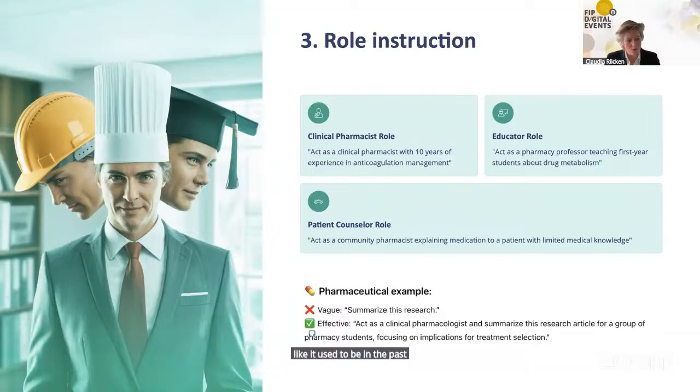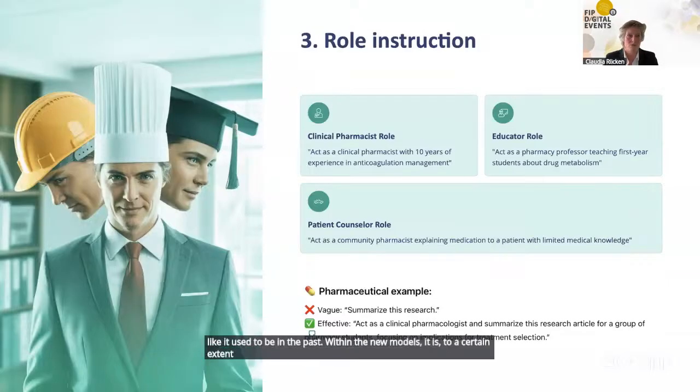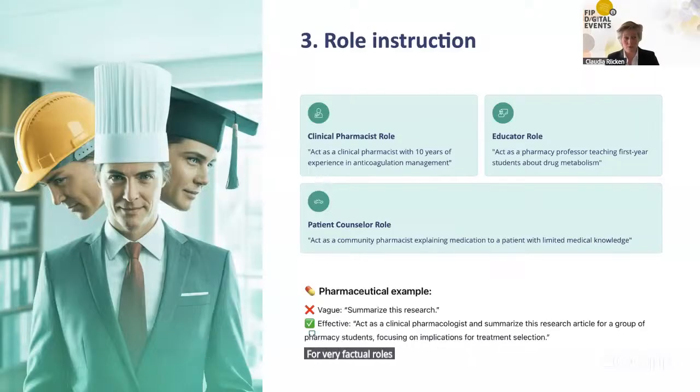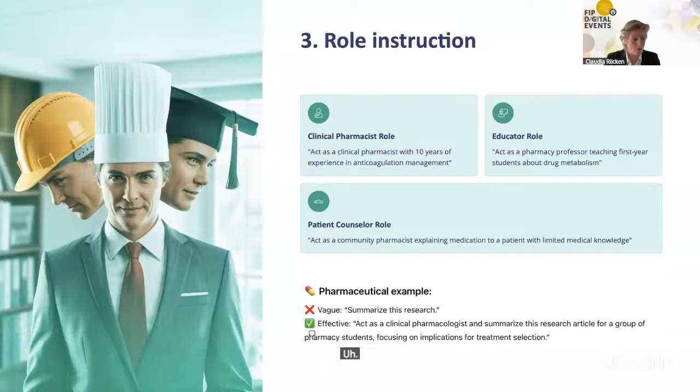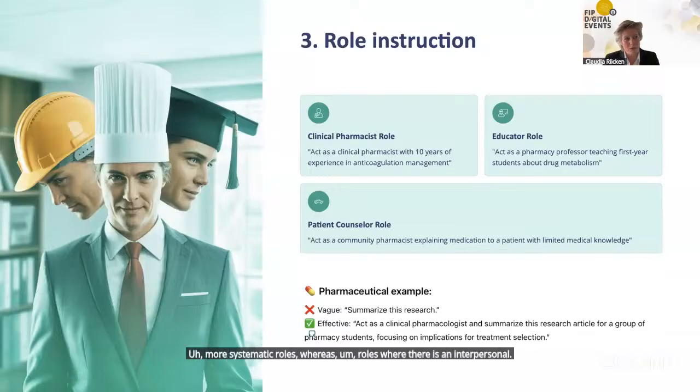Within the new models, it is to a certain extent less important for very factual roles, because the studies didn't see a difference in output for very factual or more systematic roles, whereas for roles where there is an interpersonal aspect, with communication, etc., it makes sense to add in the role, because then it takes different empathy points into account.